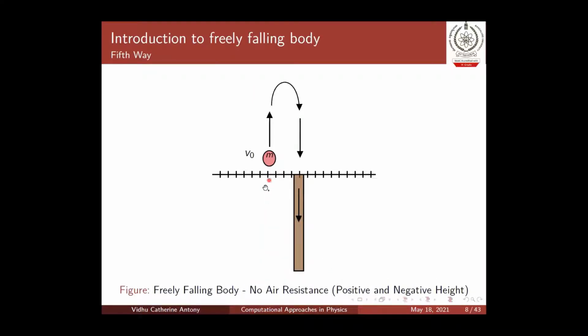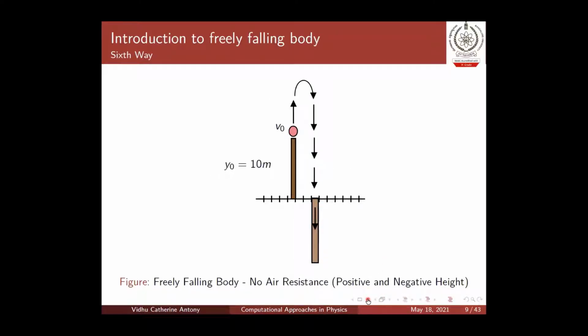In the fifth way, you are at ground level, you put an initial velocity v0 and you throw it up. It reaches a certain height and then it comes down to the ground, and then there is a tunnel in the ground, so it keeps falling down. The one that the computer basically executes is this: you are standing at an initial height of y0, and you put an initial velocity v0, which is not 0.